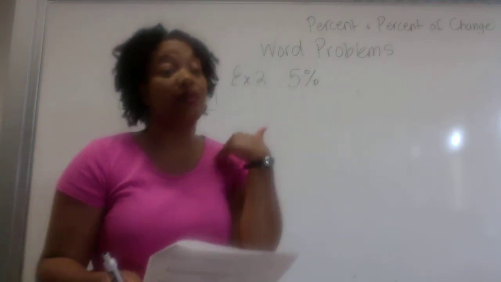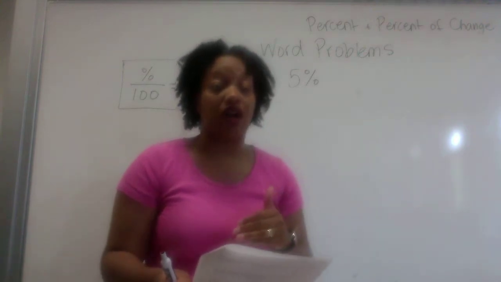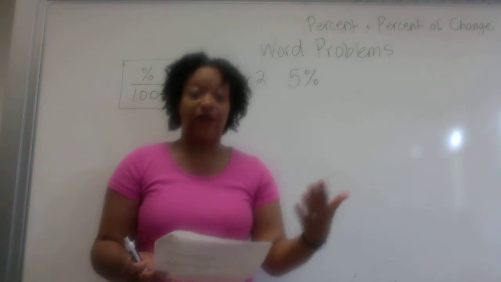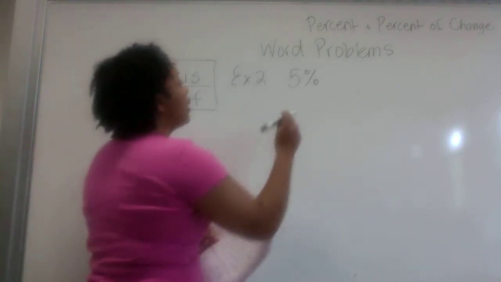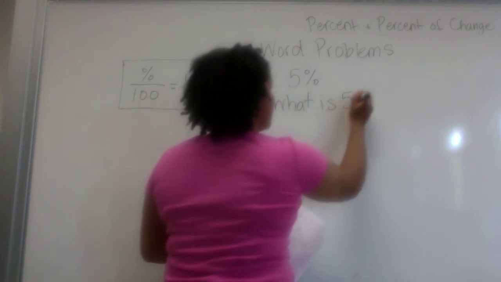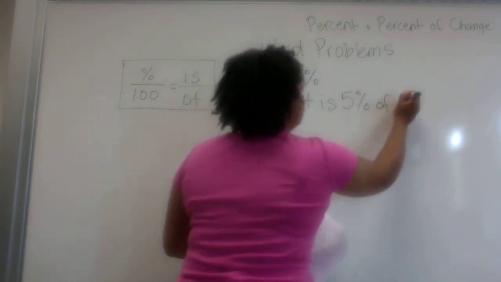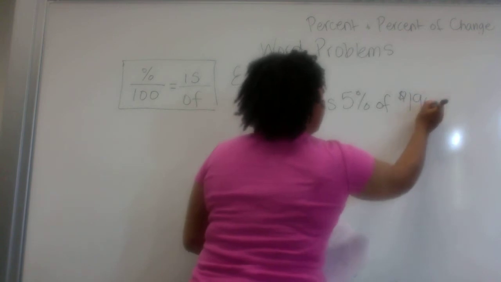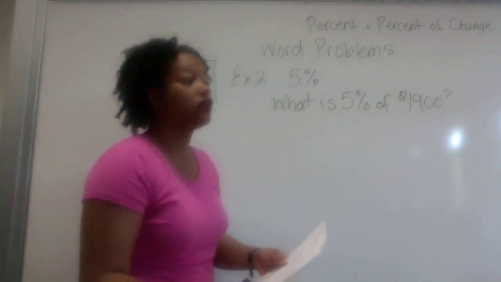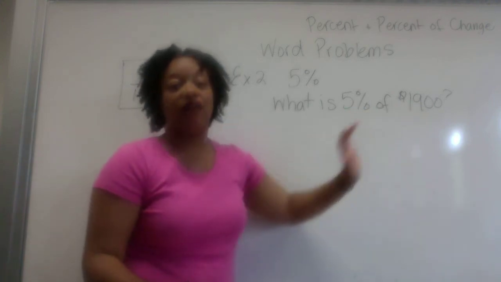They're trying to figure out how much you take home. The question is, what is 5% of $1,900? You want to figure out how much money you just made off of selling that computer.